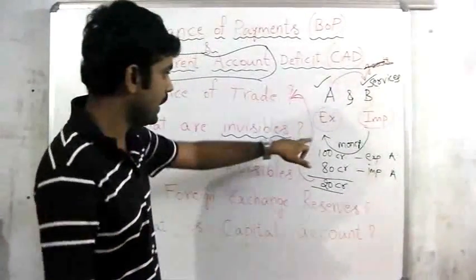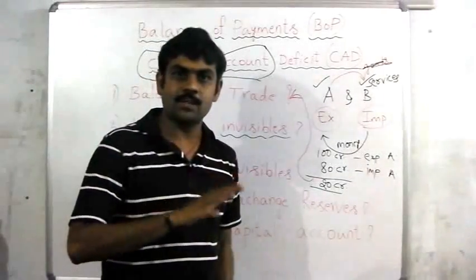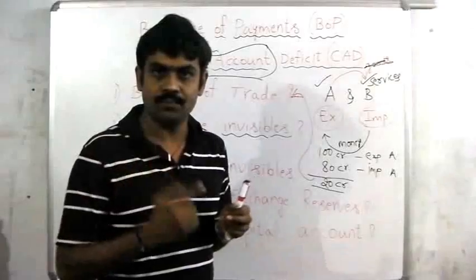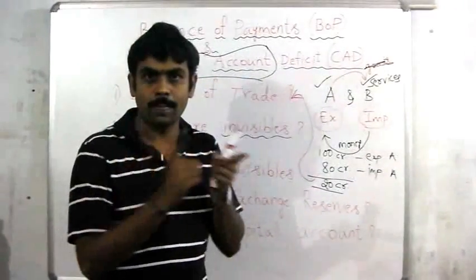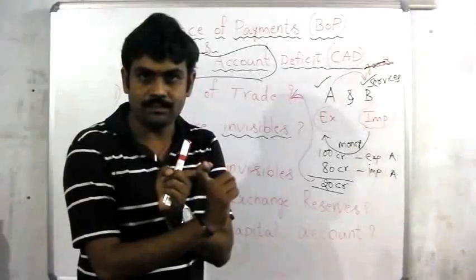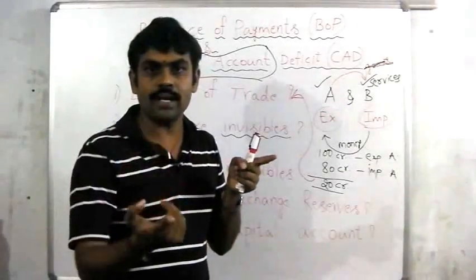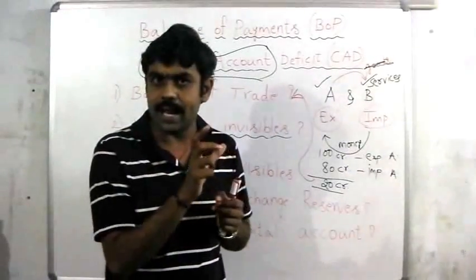That means, see, here in the current account, for exports we get, in the same way for imports we pay. This inflow as well as outflow may have a gap. So already the outflow is compensated with the inflow for a while, but even then there is a gap.